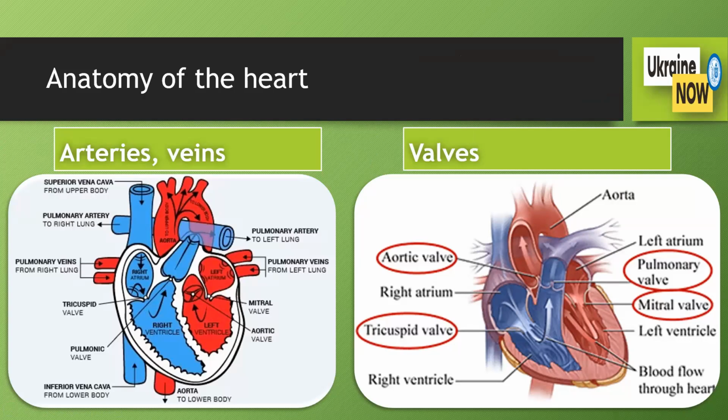Valves are fibrous flaps of tissue found between the heart chambers and in the blood vessels. They are rather like gates which prevent blood from flowing in the wrong direction. Valves between the atria and ventricles are known as the tricuspid and mitral valves. Valves between the ventricles and the great arteries are known as the aortic valve and pulmonary valve.